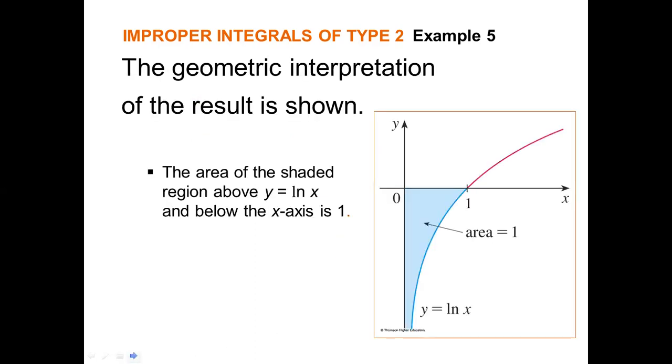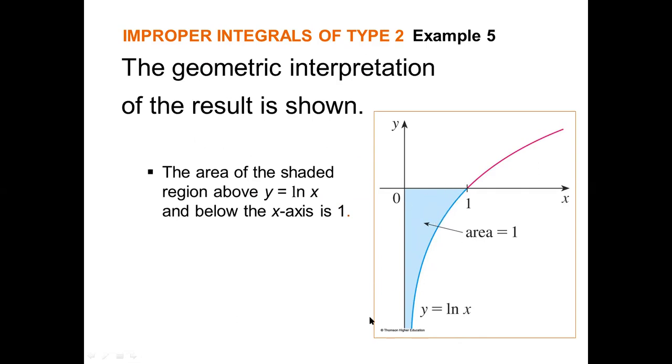So the geometric representation of that particular example is this. This is first the curve y equal to ln of x. Now, when you determine the integral from 0 to 1 of this function, ln of x, it's this area that you are after, the one that is colored blue.